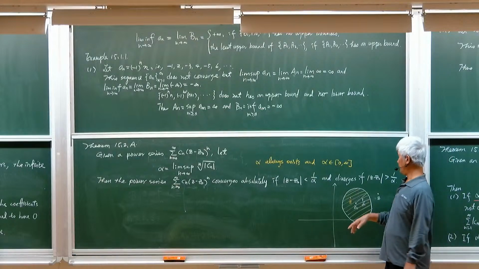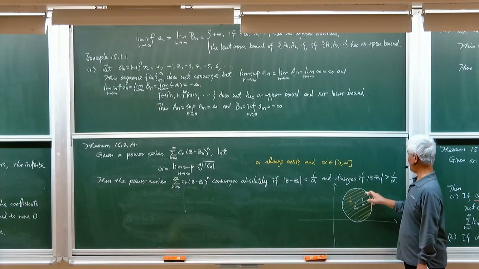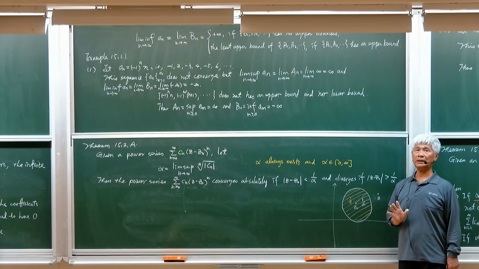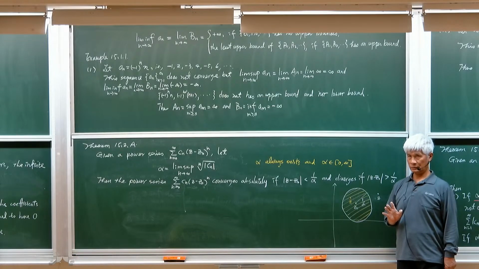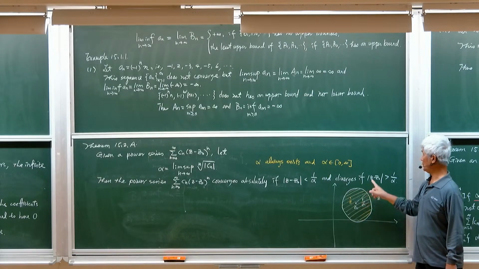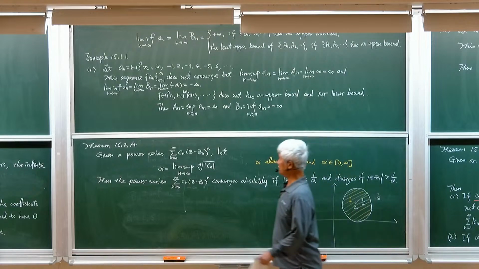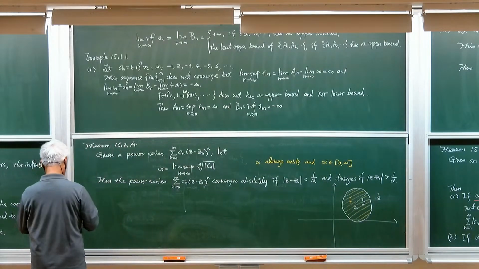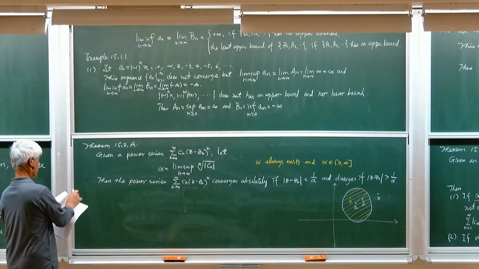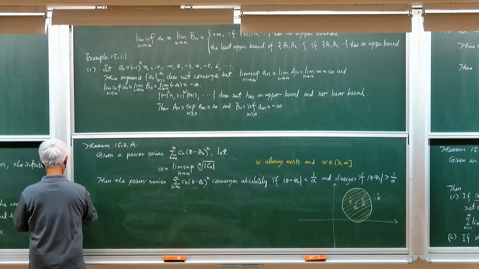And there is no conclusion for a z on the circle. So if it's on the circle, we don't know. We have to do it carefully. When z is on the circle, we don't have any conclusive result. And with this, we see the proof here.